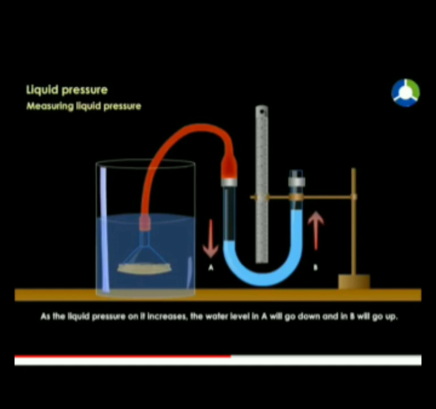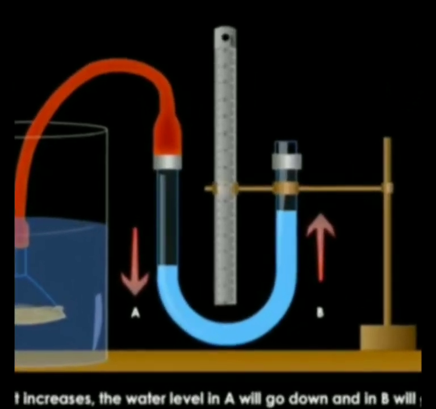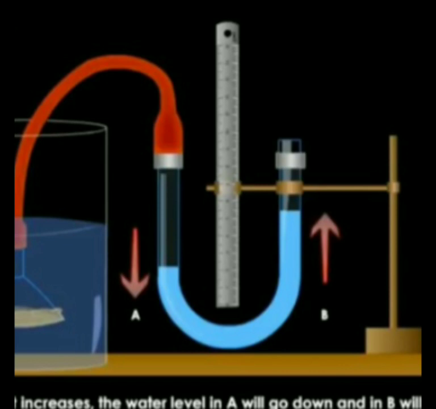You can see the mercury column in the U-shaped tube moves rightward, and this difference in mercury column, or any liquid which is filled in the U-shaped tube, you can see the arrow mark shifts from A to B, the left side A to right side B, and there creates a difference between the upper levels of liquid.